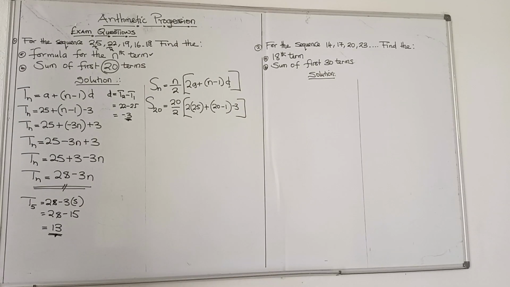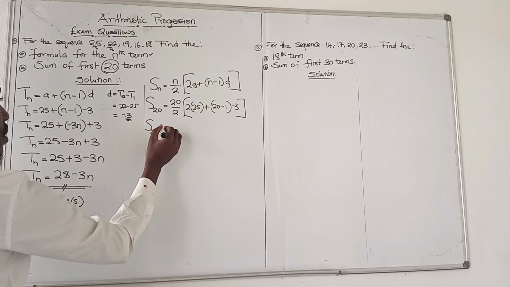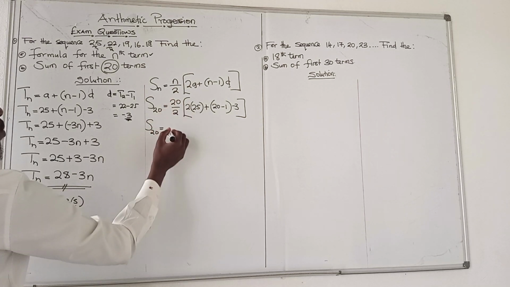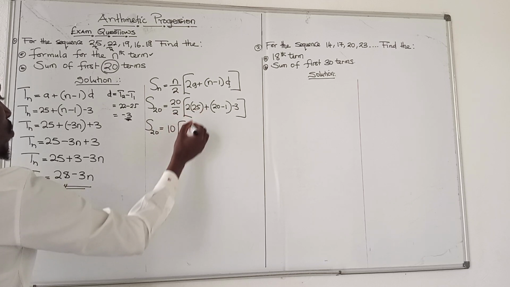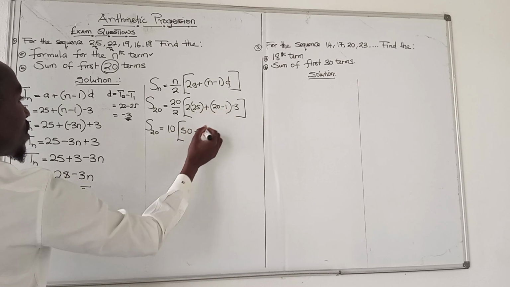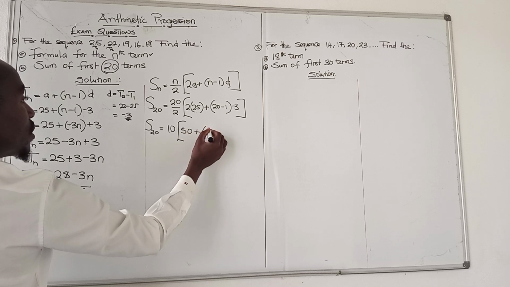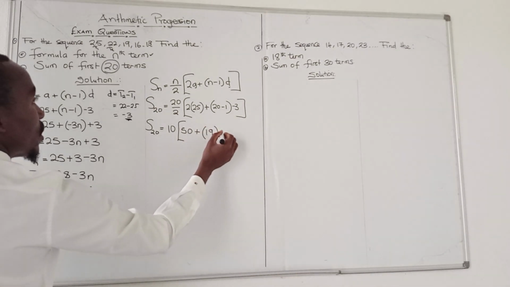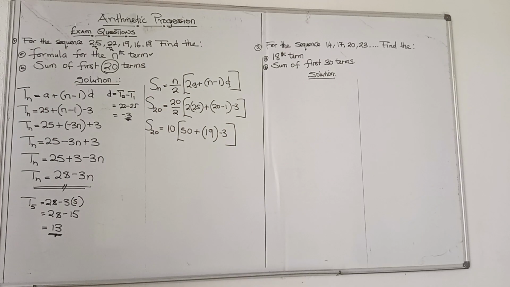When you reach that point, you simplify your equation. This will be equal to 20 over 2, which is 10. Then 2 times 25 gives you 50, plus, from 20 take away 1, it's 19, and there you have your negative 3. Hope you're with me and following.